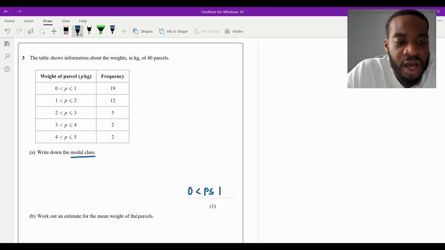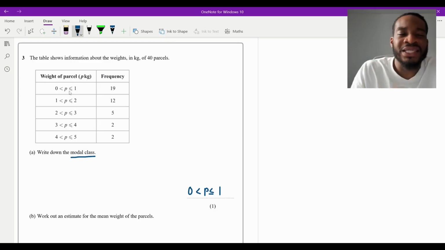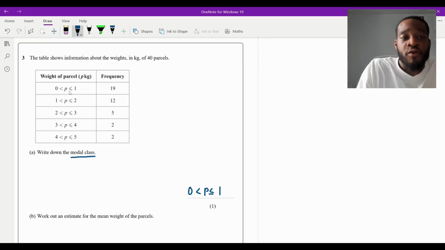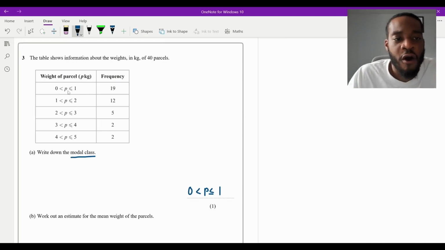Part B says we need to work out an estimate for the mean weight of the parcels. Now remember, with these types of questions, these are grouped data. What we're saying is that there are 19 parcels which have a weight between 0 and 1 kilogram, but we don't know exactly where they lie within that 0 and 1. It could be 0.2, 0.3, 0.78. We don't know. And for that reason, we get an average. We're going to just assume that it's going to be the halfway point.